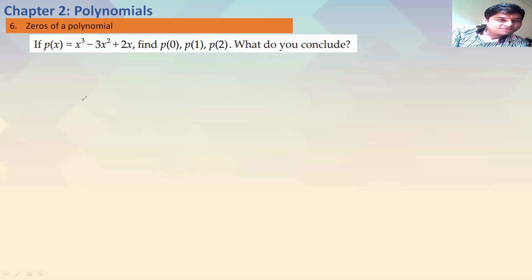We would have it like this: x is equal to alpha, let's say this is some number, is a zero of a polynomial P(x) if and only if P of alpha, when you input this, the output should be 0.